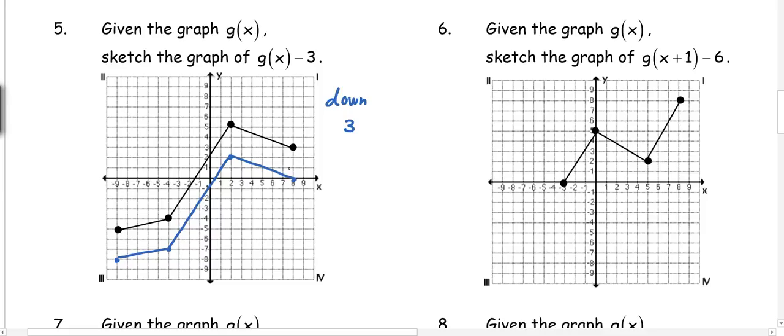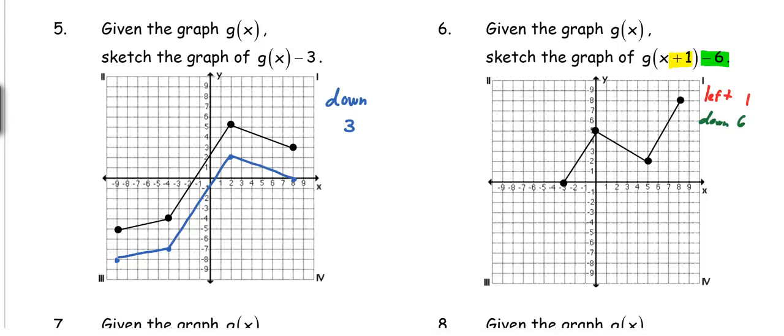Number 6, given the graph g of x, sketch the graph g of parentheses x plus 1 minus 6. Now in this problem, notice that there's 2 numbers, so we're going to do 2 different movements. For the number that's in parentheses, because it's a plus 1, that means each point is going to move left 1. And then because we have a -6 outside the parentheses, that means we are going to move down 6.